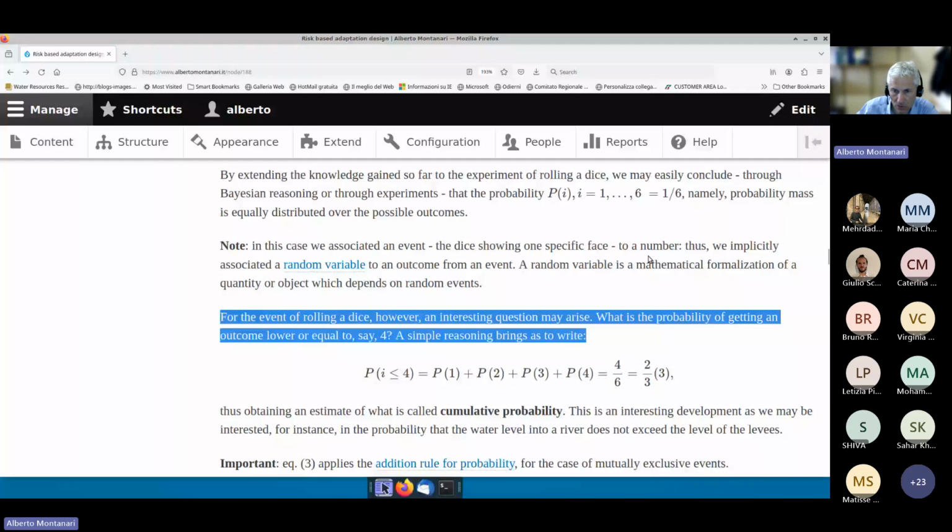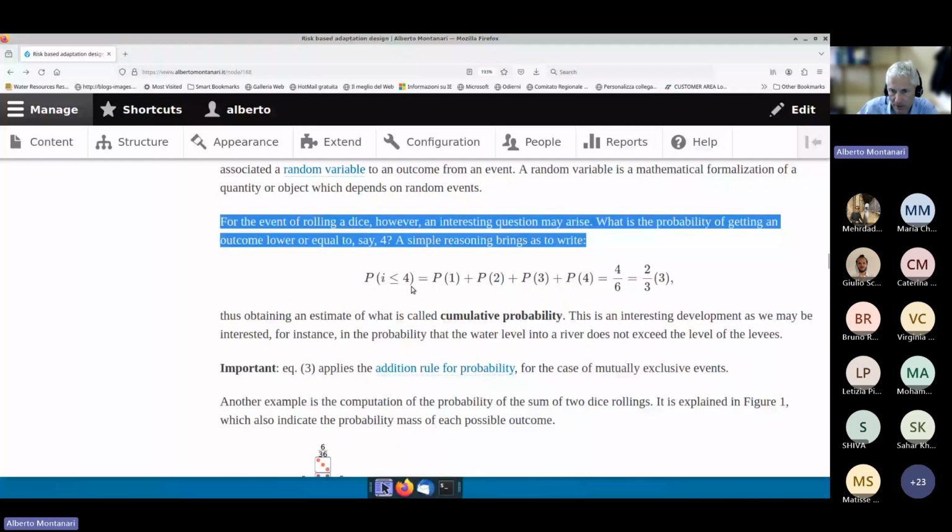Now we can write the additive rule for probability. The probability of outcome i less or equal than 4 is given by, they are mutually exclusive, so the probability of 1 plus probability of 2 plus probability of 3 plus probability of 4. Each probability is 1/6. So the sum of the probability is 4 divided by 6, which means 2/3.